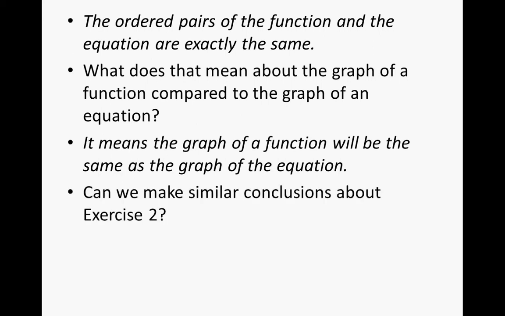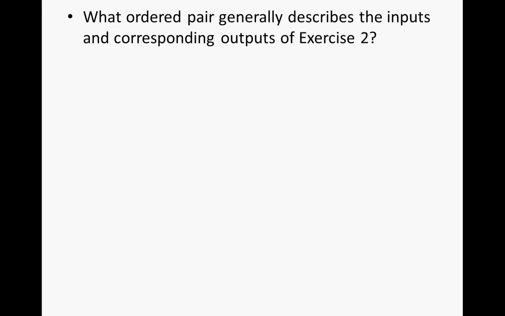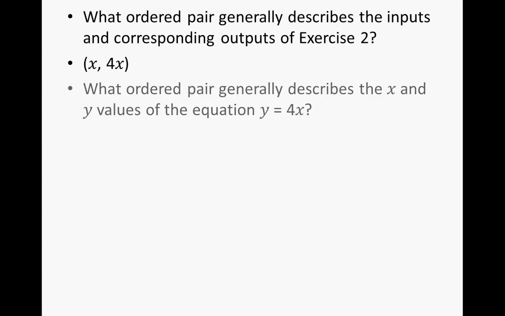Can we make similar conclusions about exercise 2? You should have verified that the conclusions about exercise 2 are the same as the conclusions about exercise 1. What ordered pair generally describes the inputs and corresponding outputs of exercise 2? We should have said x and 4x.